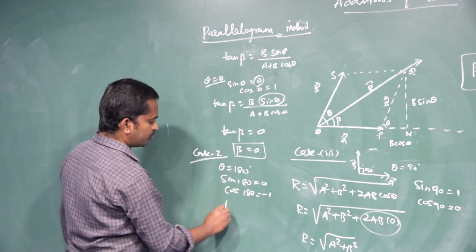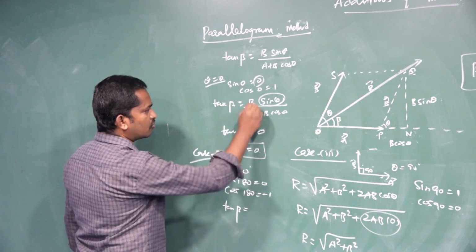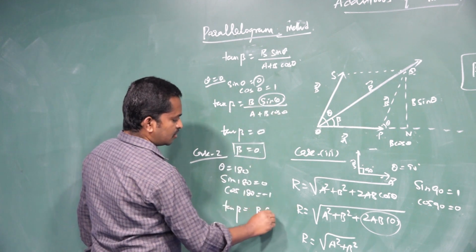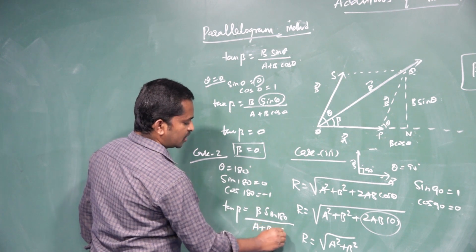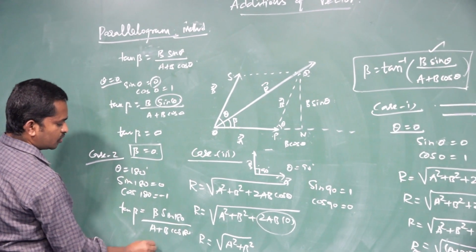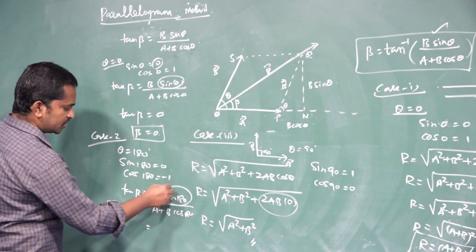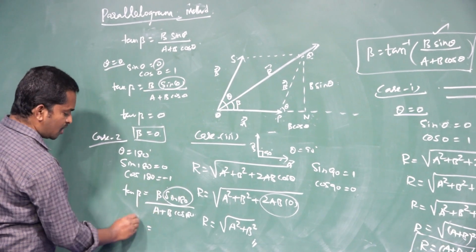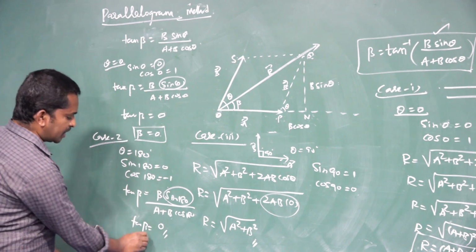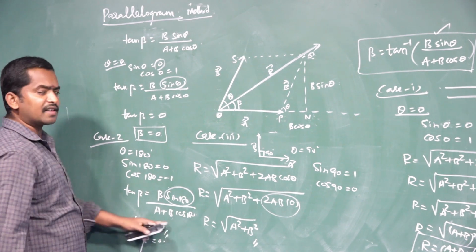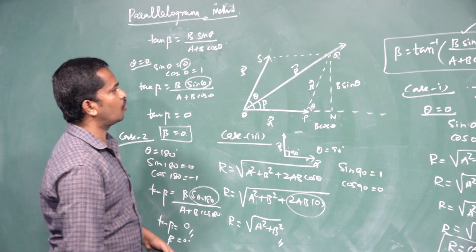Substitute this: tan beta is equal to B sin 180 divided by A plus B cos 180. Sin 180 is 0, so overall 0, since 0 divided by anything is 0. So tan beta is equal to 0, and beta is equal to 0 for anti-parallel. And case 3, what happens?